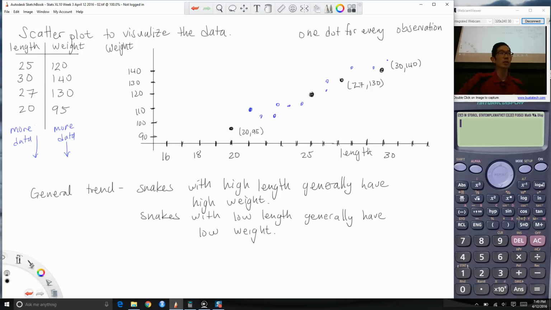We can ask what is your age and what is your annual income, and see whether there is a relationship between age and annual income. Maybe there is, maybe there isn't, okay? So every observation is either a person or a thing, a snake, whatever it might be. Some of the examples in the book are where each observation is a state in our country.